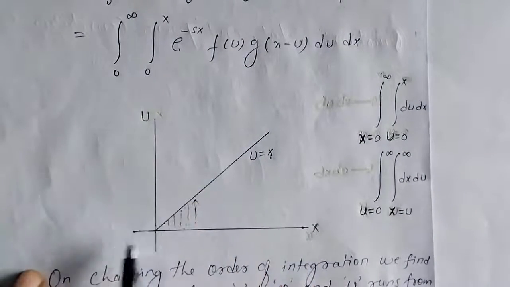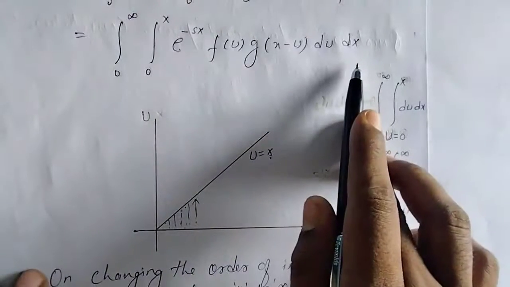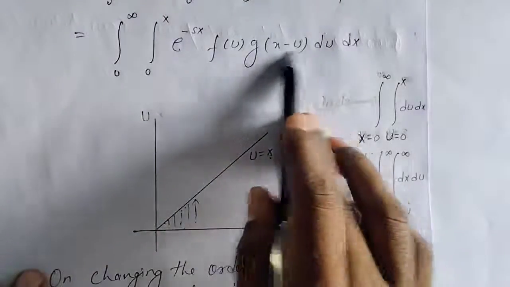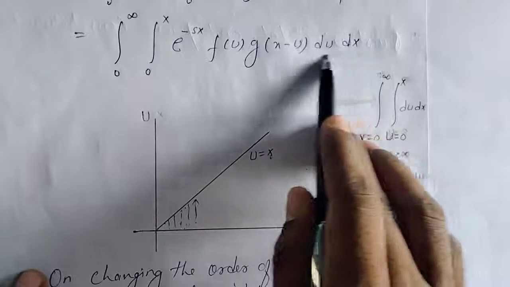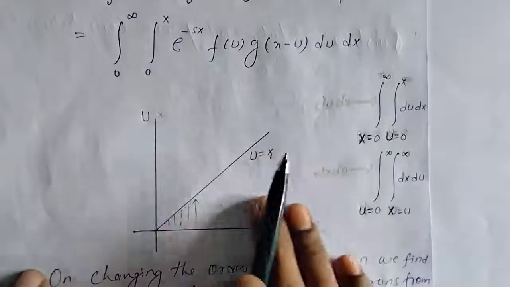Here I have plotted one graph, u versus x. All in all, you can see this integrand is integrated over an area in the ux plane.